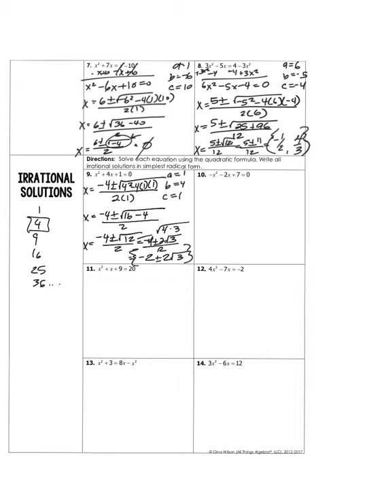This is enough. Number 10, a equals negative 1, b equals negative 2, and c equals 7. So x equals positive 2 plus or minus the square root of negative 2 squared minus 4 times negative 1 times 7 all over 2 times negative 1.